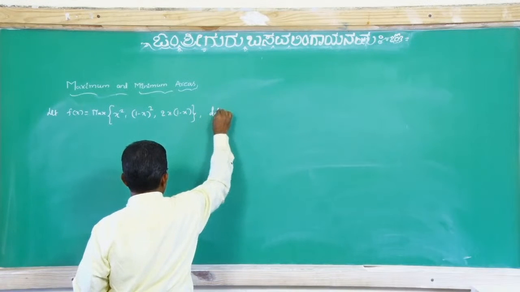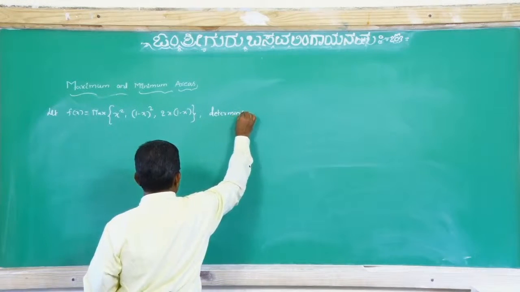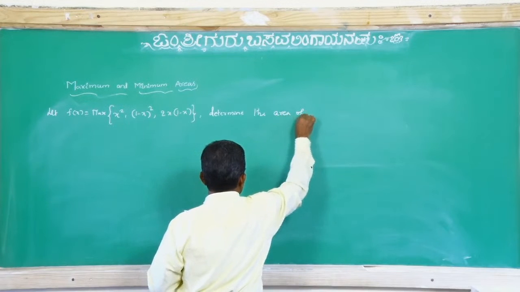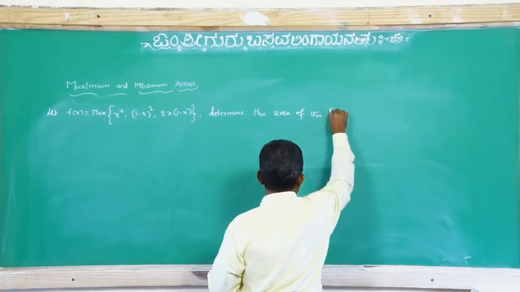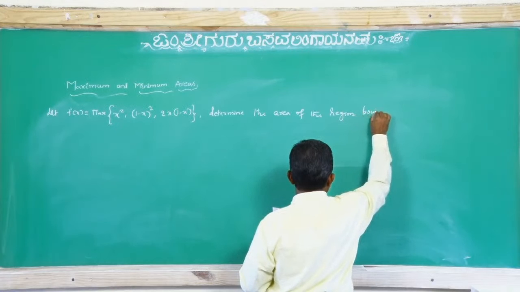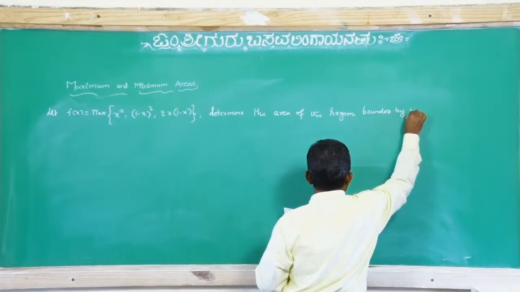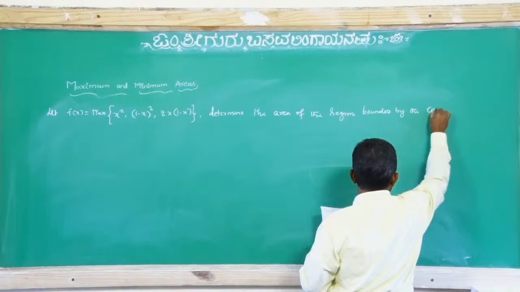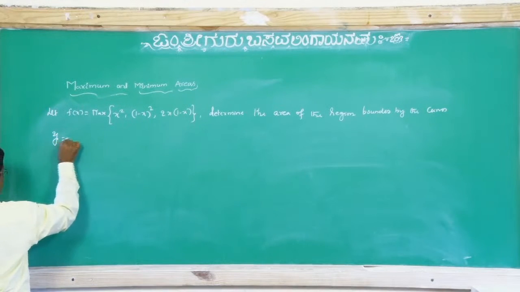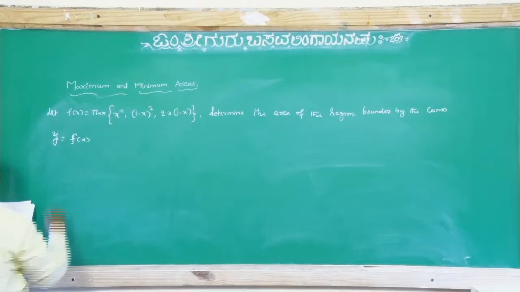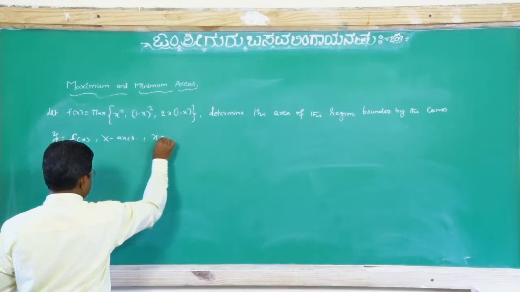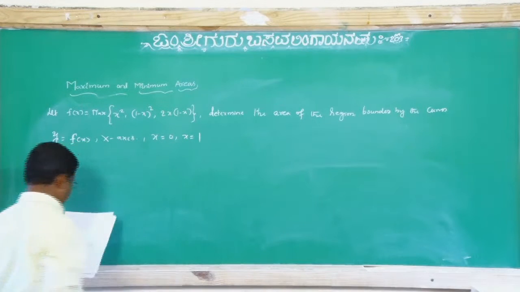Determine the area of the region bounded by the curves y is equal to f of x, the x axis, x is equal to 0, and x is equal to 1. This we have to calculate.